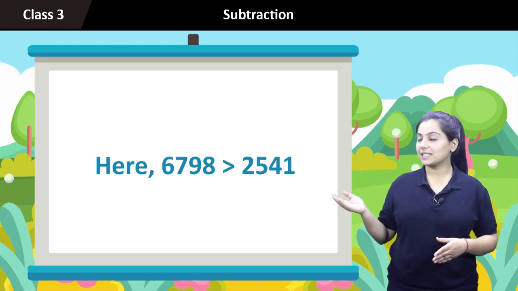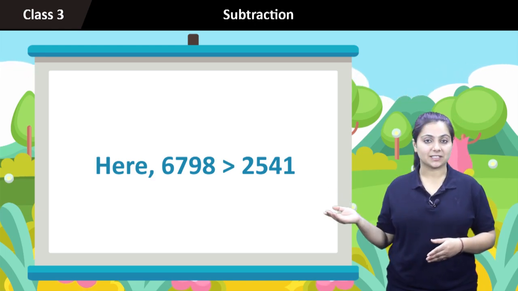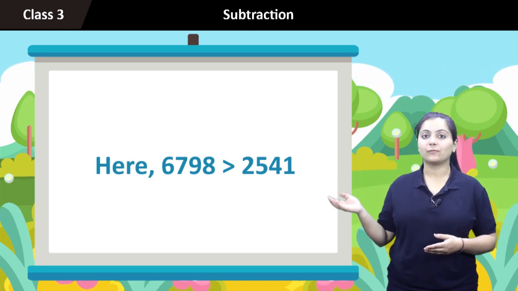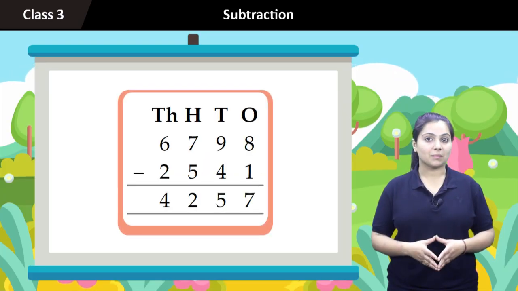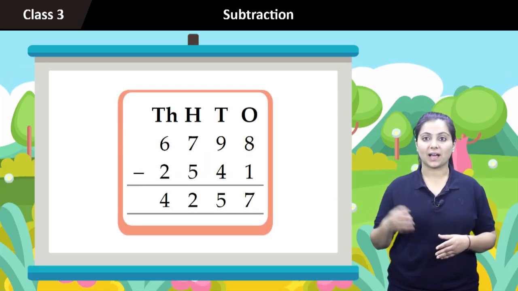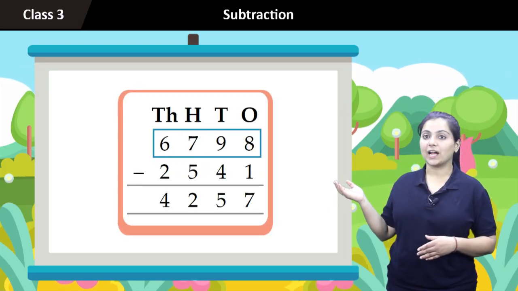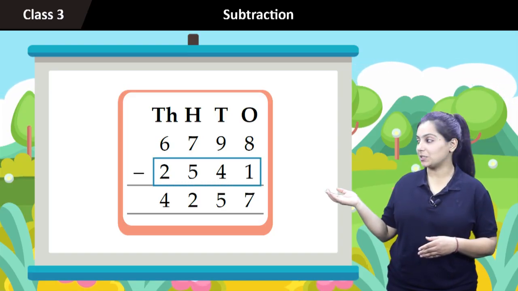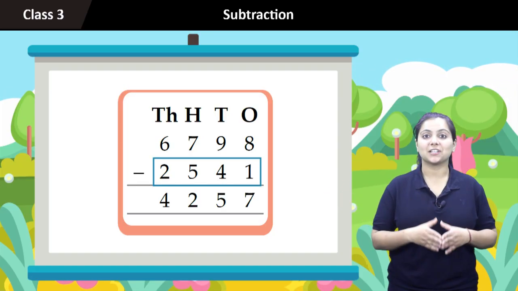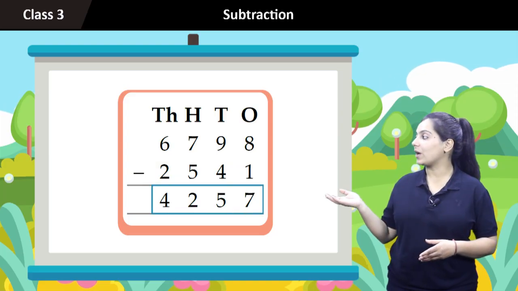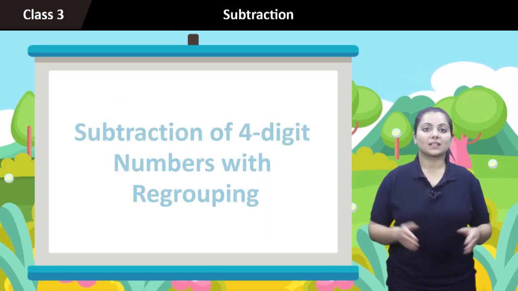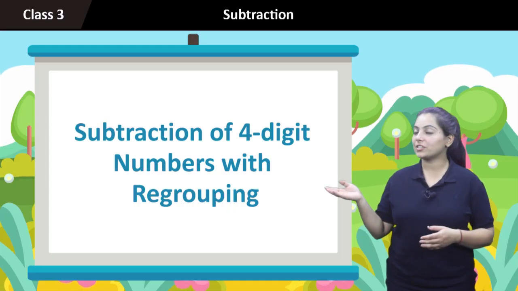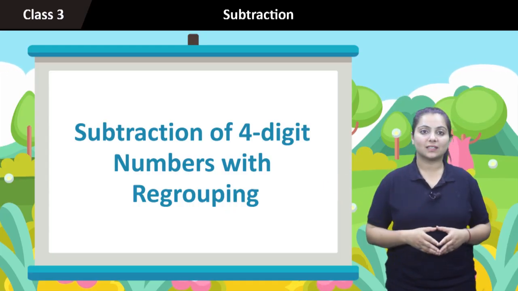Here, 6,798 is greater than 2,541. Arrange the numbers in columns and then subtract. 6,798 minus 2,541. Thus, the difference is 4,257.